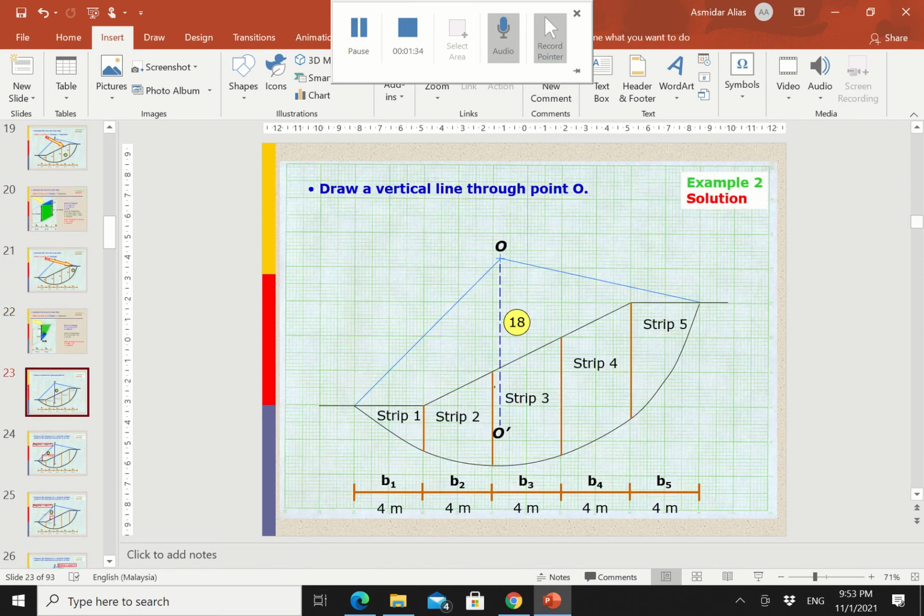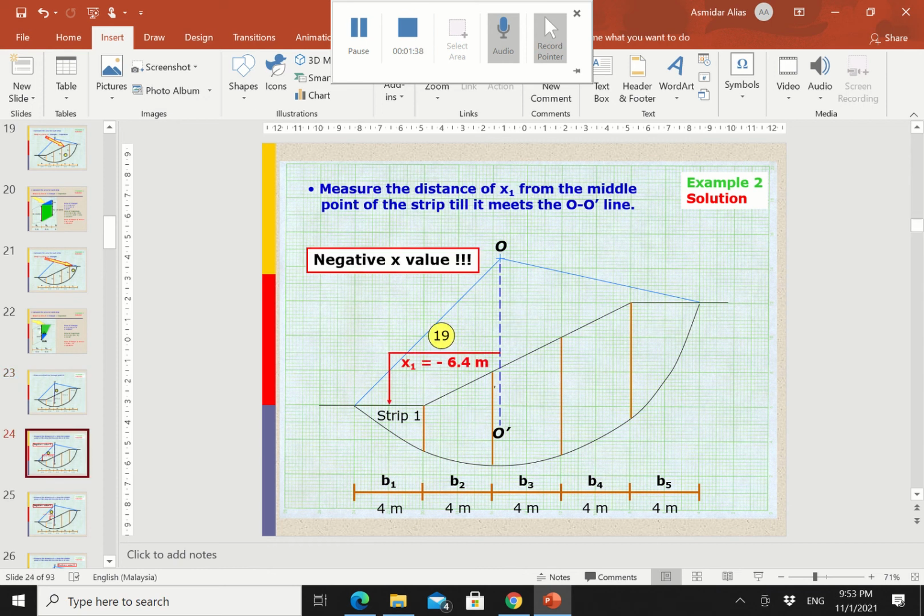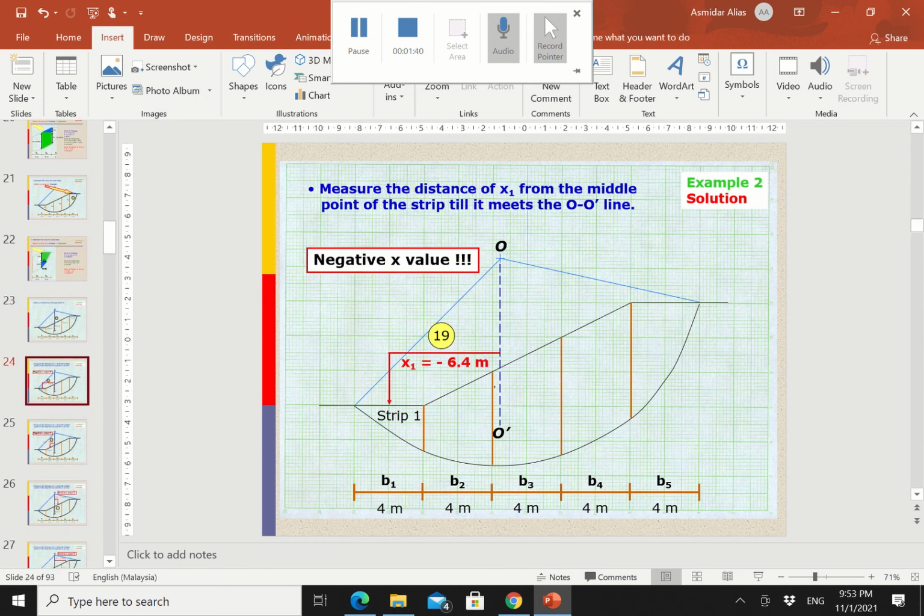The last part will be the determination of D, or the distance from the centroid to the slice. But in this slide, it shows you the value of x. So D and x are the same thing.